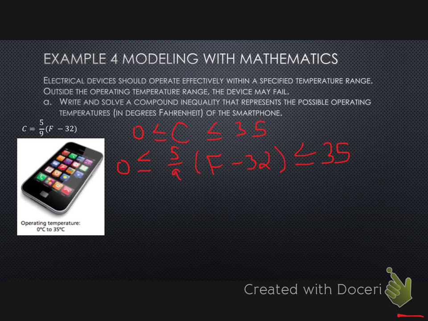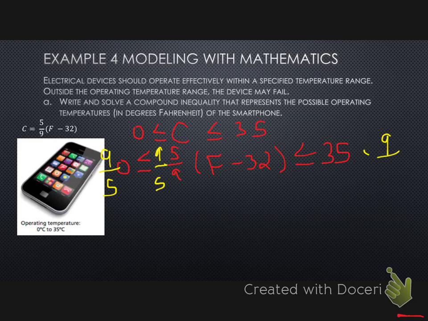Now, you can solve a compound inequality like this by doing whatever you do to the center, you do to the left and the right. So like here, to get rid of this fraction, I'm going to multiply by the reciprocal, so by 9/5. And whatever I do to the center there, I'm going to do to either side.